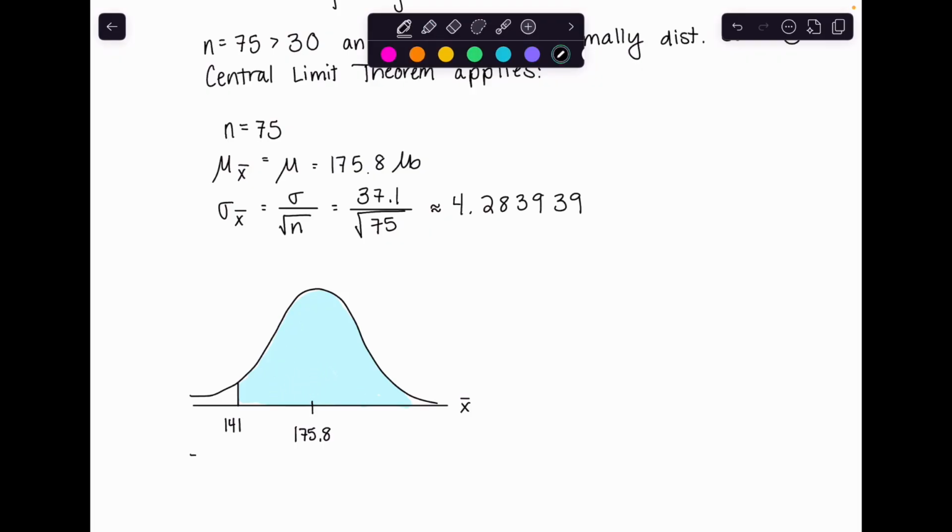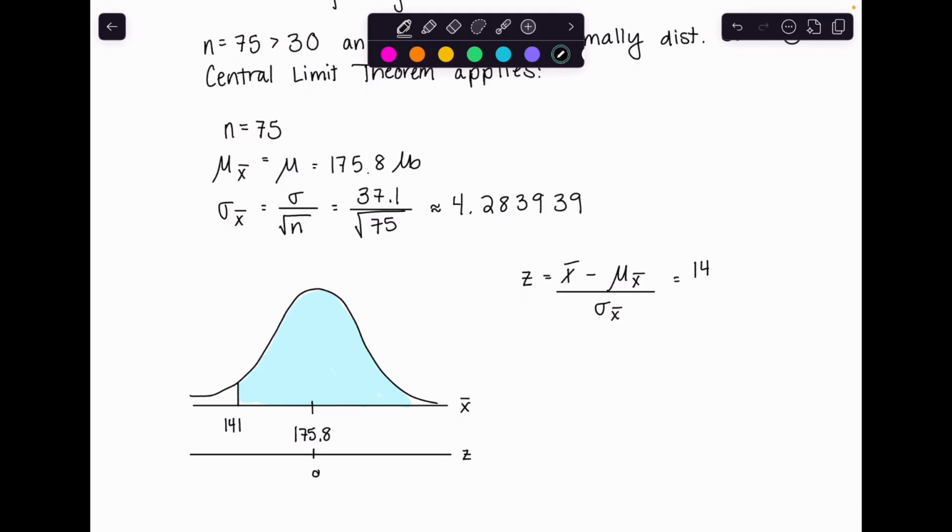So I need to convert this to my z-scale instead. In the center is 0, but my actual z-score is going to be my 141, which is my sample thing I'm looking for, minus the mean of my sample divided by my sample's standard deviation.